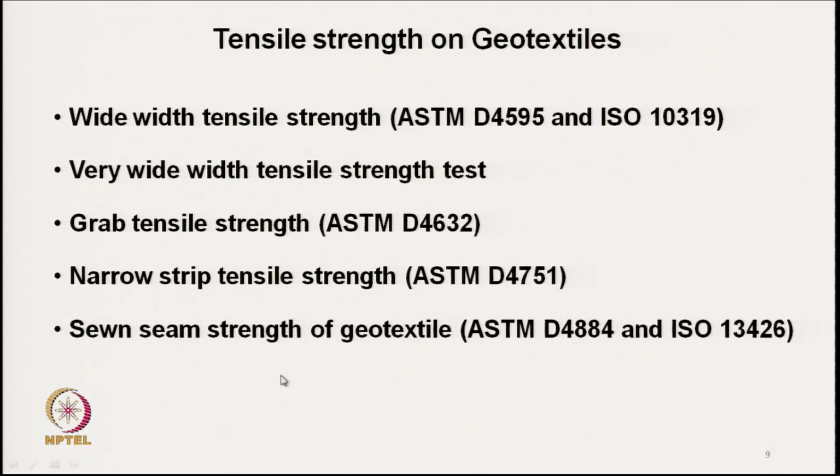Sewn seam strength of geotextiles can be tested, because the size of geotextile we get is less than the actual application, so we need to stitch. So, the stitch strength we should get. Trapezoidal tear strength is required, because in case of any puncture, the puncture should not propagate.